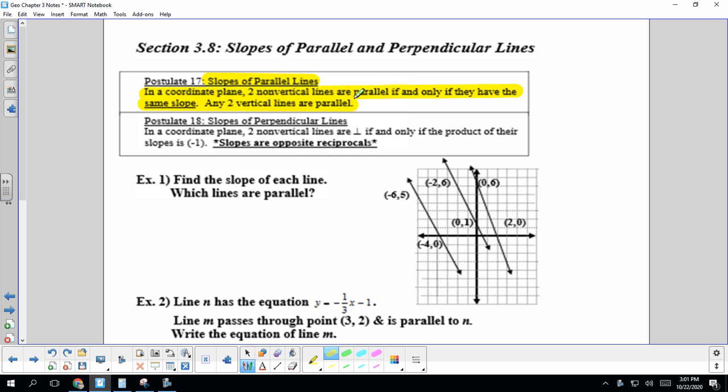Any two vertical lines are automatically parallel, so they have the same slope. And then perpendicular lines: two non-vertical lines are perpendicular if and only if the product of their slopes is -1. Another way to say that is the slopes are opposite reciprocals. All right, so let's take a look at that in these problems here.